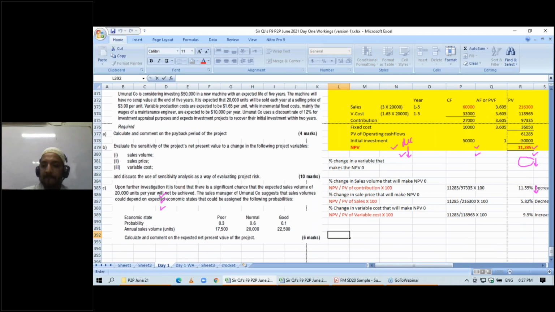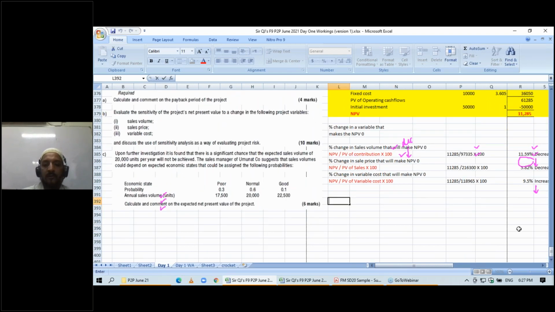Please go through part C. Please read down the part C so that I can calculate the expected value.